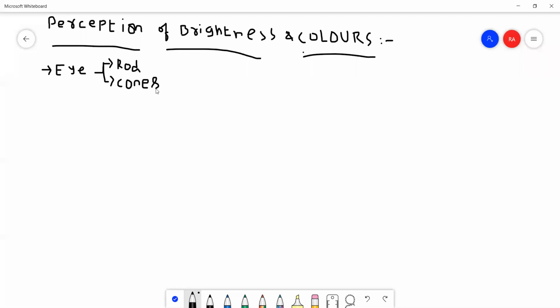These light sensitive organs measure the visual sensation in our eye, especially with the help of rods and cones. These rods are very sensitive to brightness sensation, therefore to perceive the objects in a black and white picture.